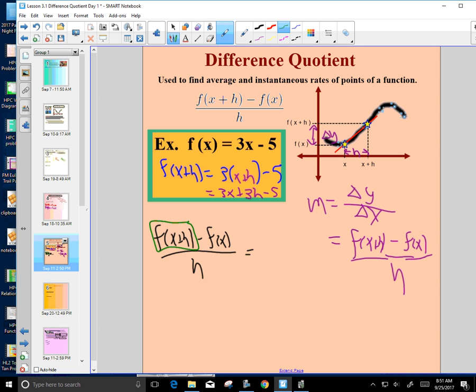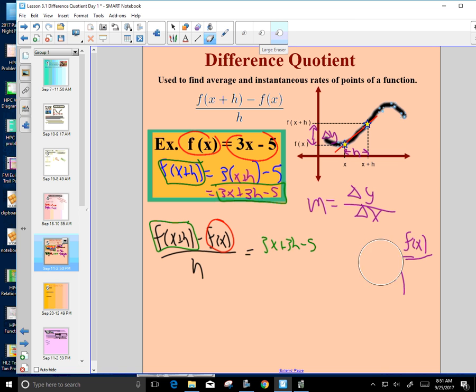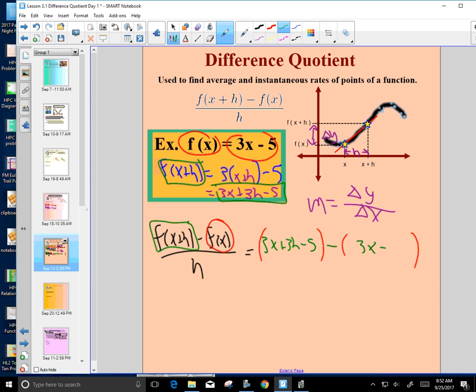This is here. So you go 3x plus 3h minus 5. This part minus f of x, well, this is f of x, isn't it? So we're going to subtract f of x, which is 3x minus 5.